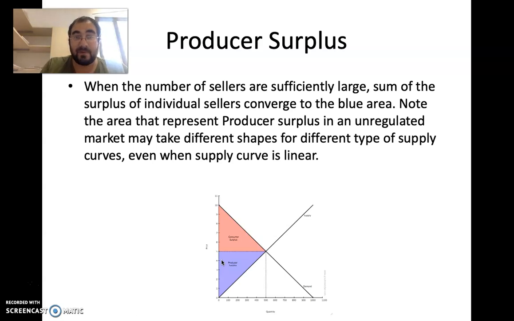But if I have very large units that are sold, in that case, those triangles will become smaller and smaller, and as a result, the area of the triangle here will represent my producer surplus almost without, let's say, overstatement, with a very small overstatement, which is negligible again.